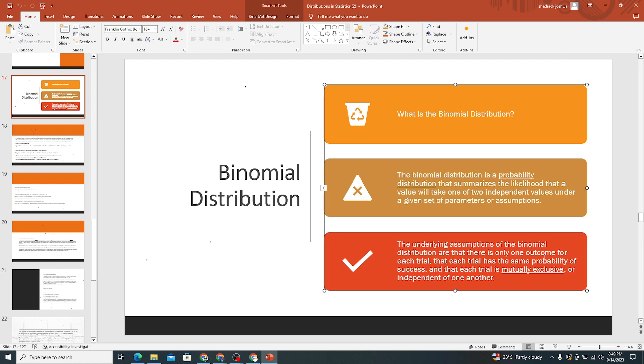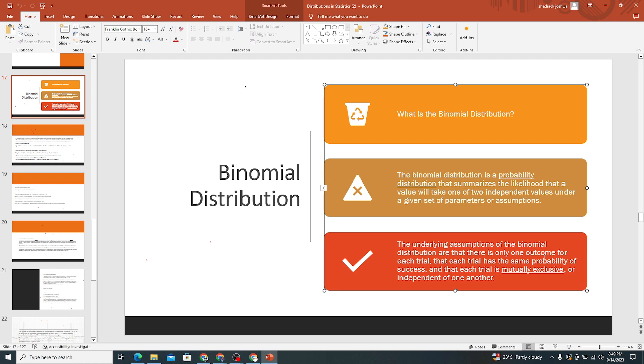As per your expectations, you might get either a tail or a head, so we expect one outcome.